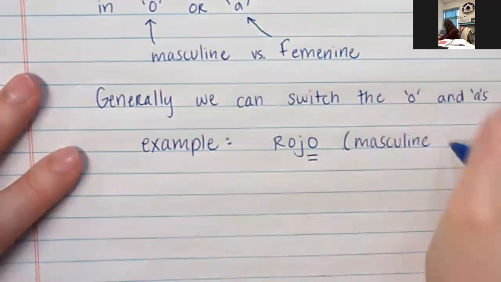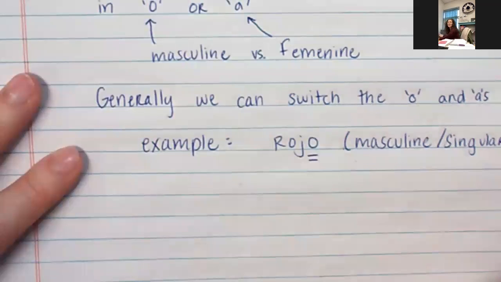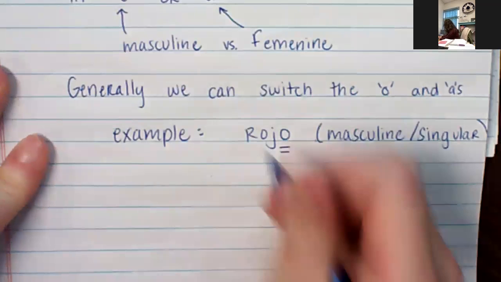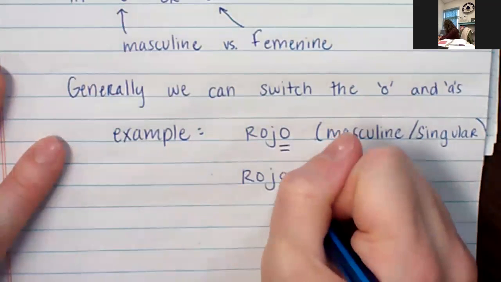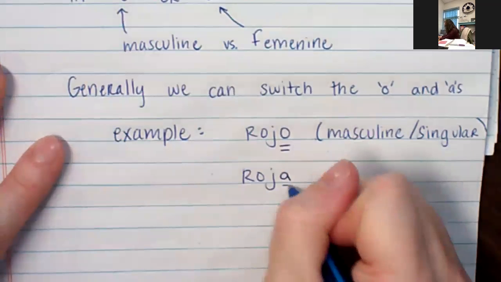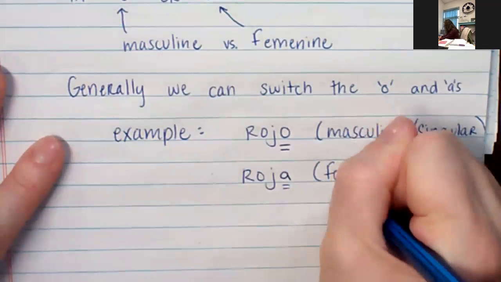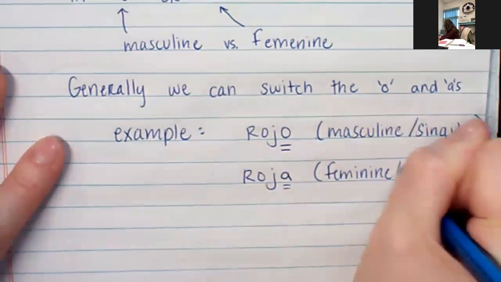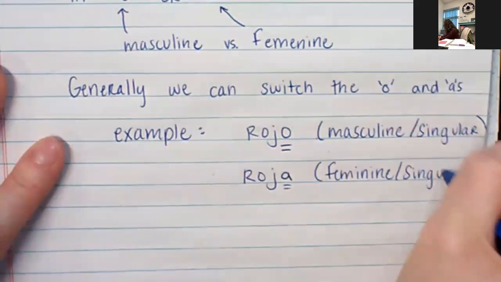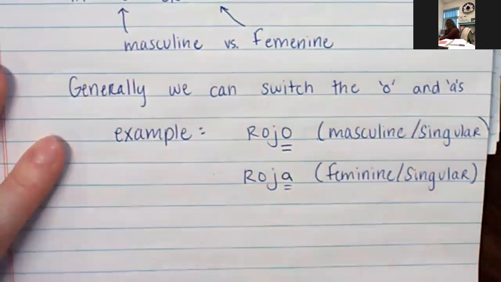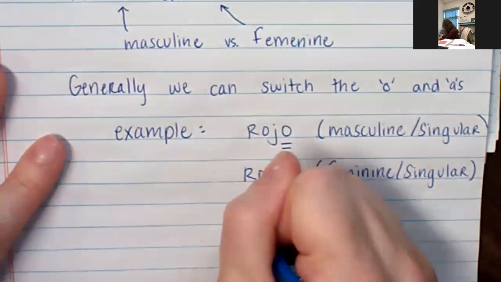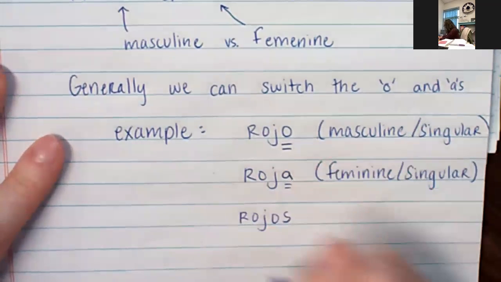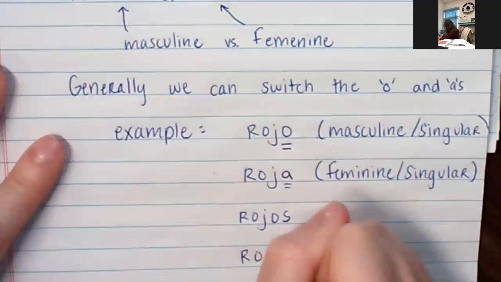And it's also singular because it doesn't end in an S. To make it feminine, we're just going to exchange that final O for an A. Now, if I wanted to make these plural as well, all I have to do is add S's.